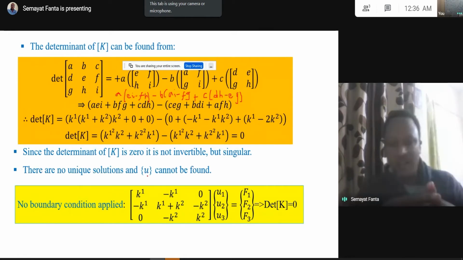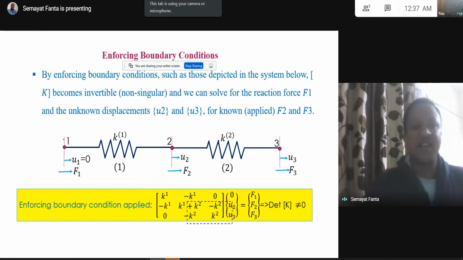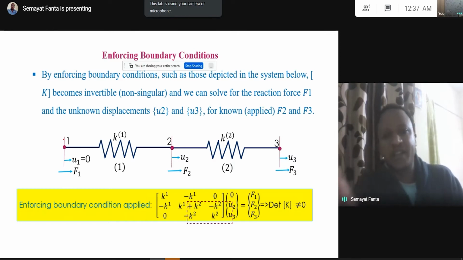So how can we apply a boundary condition? Let's consider node 1 as the point where our link is fixed.